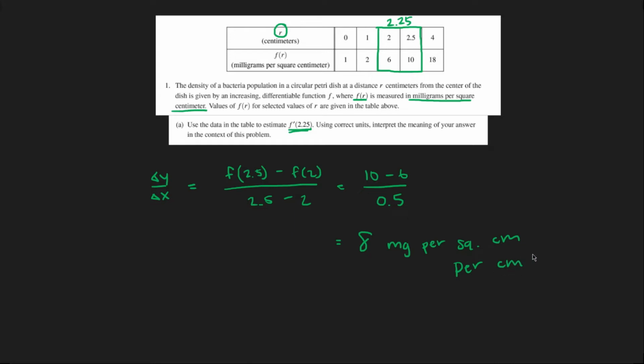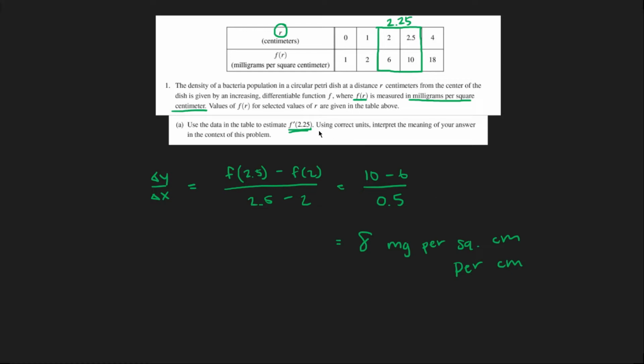For these units, I know you'll be tempted to just simplify this and say 8 milligrams per centimeter cubed. However, it would be much better just to leave it as this, because centimeter cubed would imply that we're dealing with a volume, whereas if we leave it as per square centimeter per centimeter, it's kind of implied that we're dealing with a rate as opposed to just a volume.